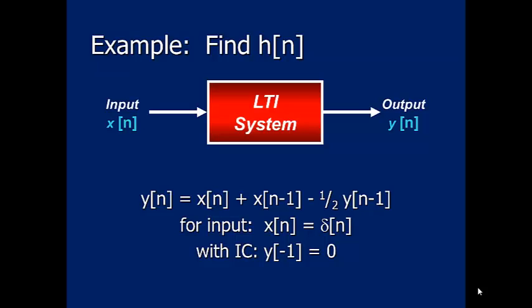Which means now we're solving for h0, the single input case, unit sample sequence. Turn our equation around: h0 of n + 1/2 h0 of n-1 equals x of n. That's the equation we're solving for. We want to find h0 of n so that we can promote it up to the general h of n.